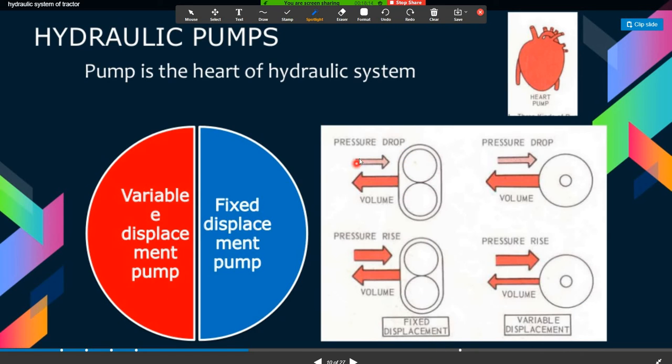The fixed displacement pump is used where there is a pressure change but the volume is constant. But in the case of the variable displacement pump, you can see here the volume is changed and the pressure is also changed. Okay.